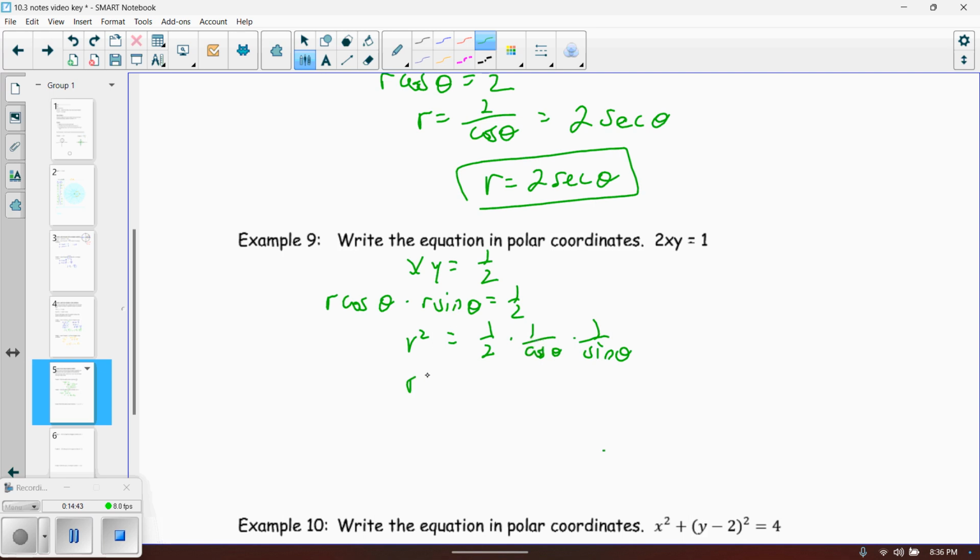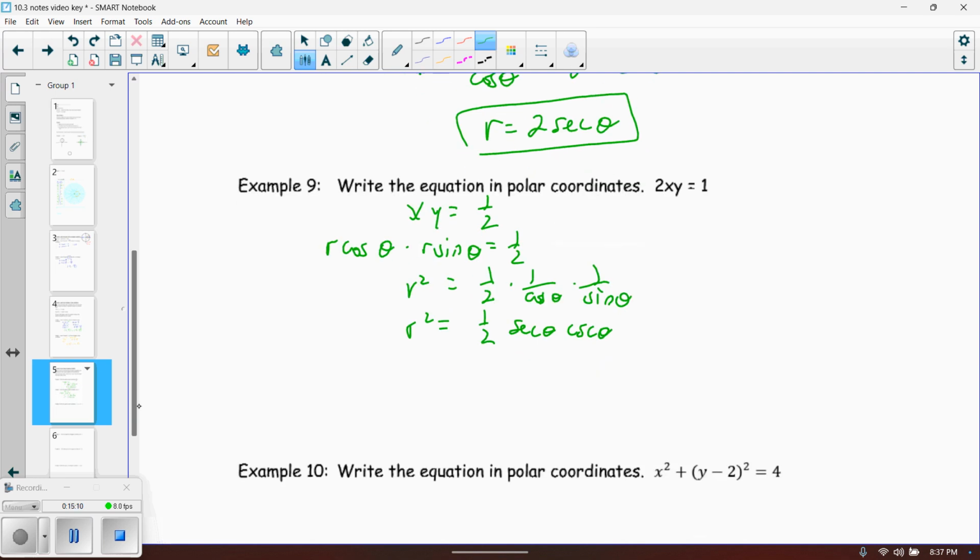So r squared is going to be 1/2. 1 over cosine is secant. 1 over sine is cosecant. And then if I want to solve for r, we could take the square root on both sides. In this case, it's probably just better to leave it as r squared. If you have to plug this into a calculator, you take the square root. Just remember, you'd have to do the plus and the minus on both sides of the square root.